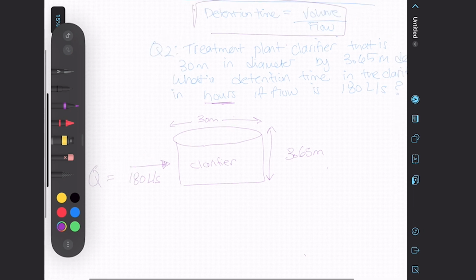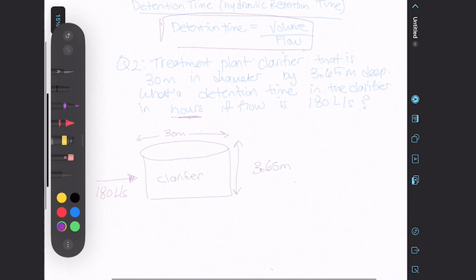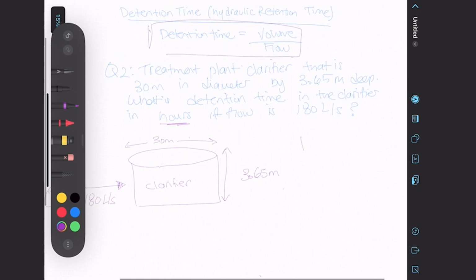So flow is whenever we have a measurement like liters or meter cubes over a period of time. So we have our flow into this clarifier, and the question is asking for the detention time, and it wants the detention time in hours.